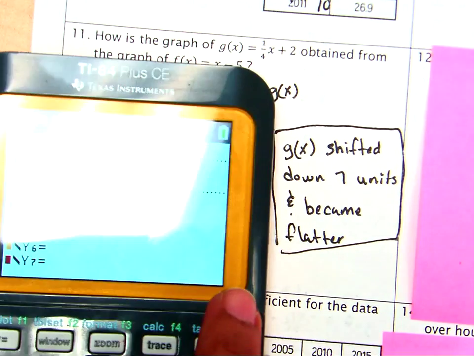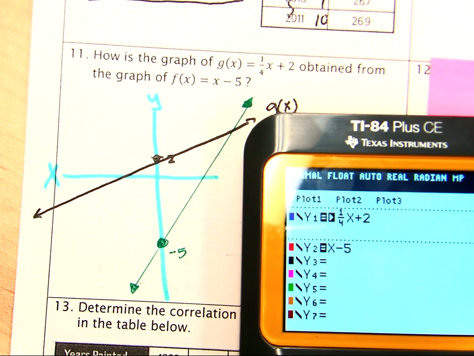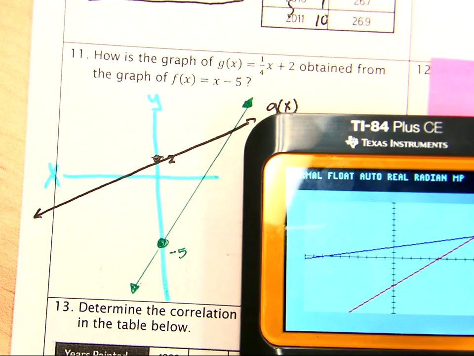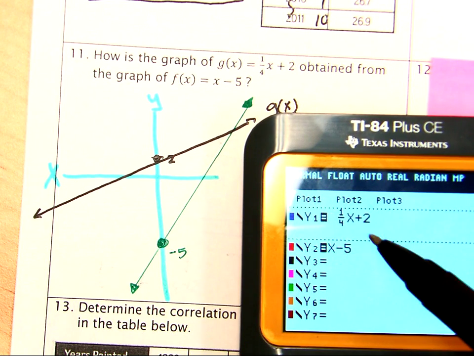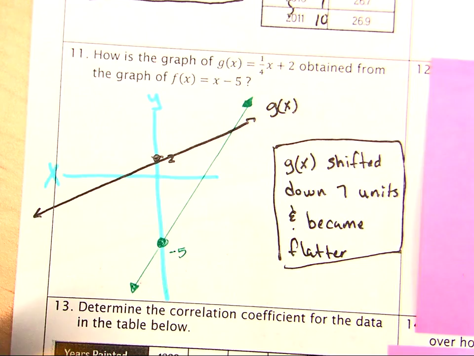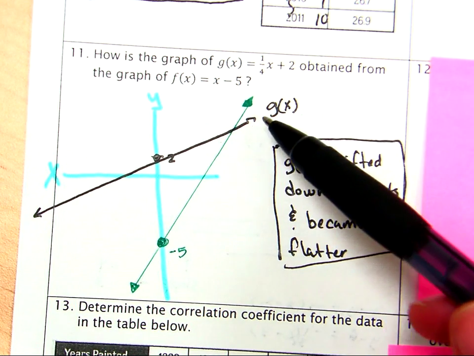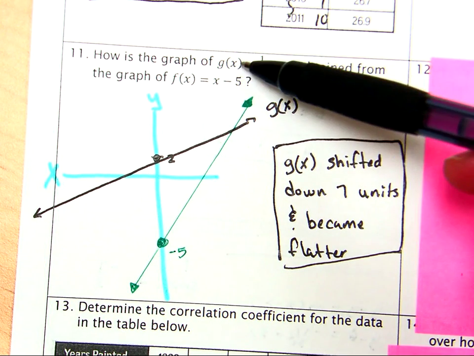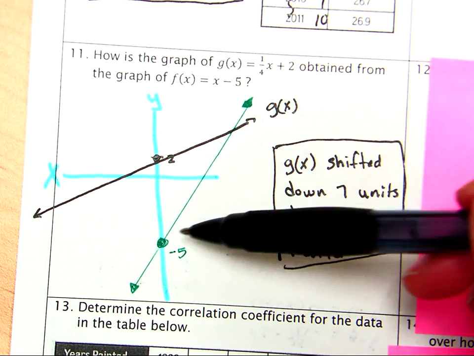Alright, so this problem was asking you to compare 2 lines on a graph, and I graphed it. So I went to y equals, I typed in both equations, and I graphed. So this is kind of the estimation of what it looked like. So it wants to know, how did you get to g of x using f of x?